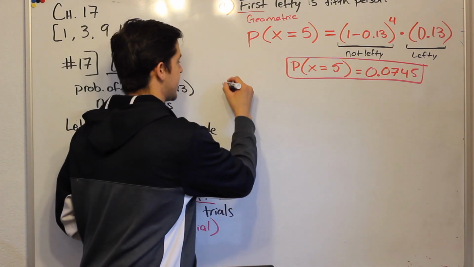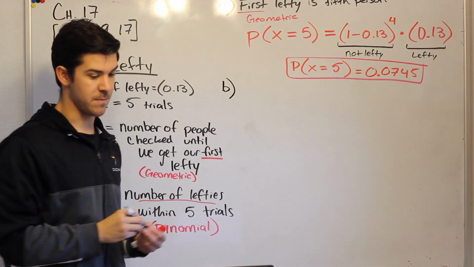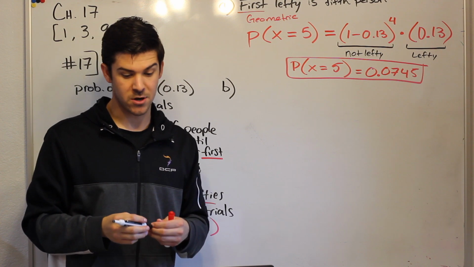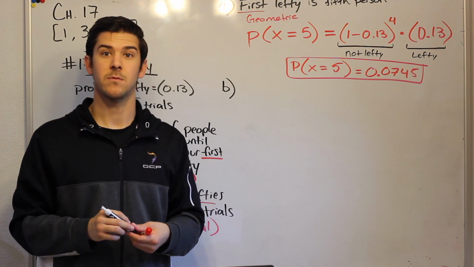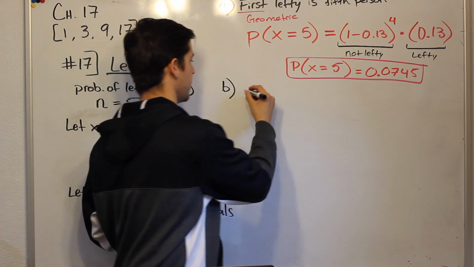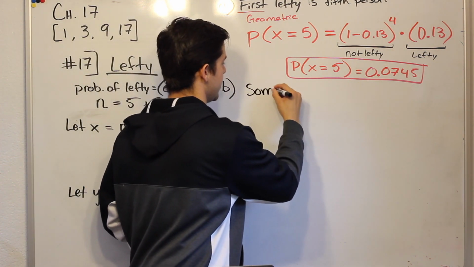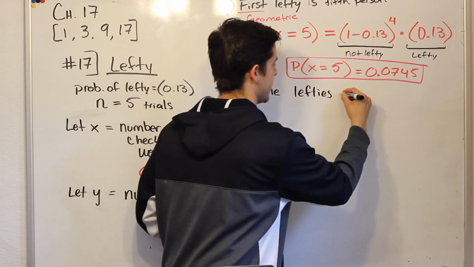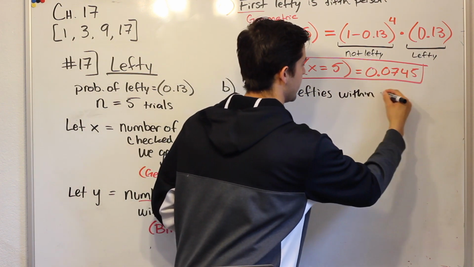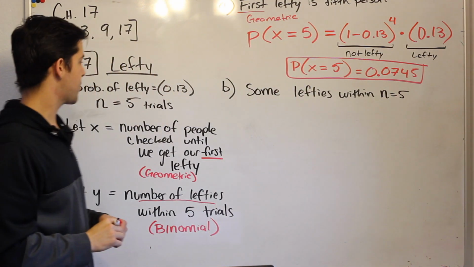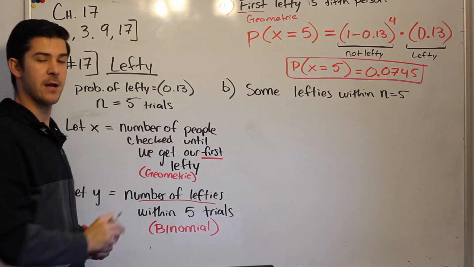Part B changes the game a little bit, because Part B discusses the probability that there are just some lefties within the 5 people chosen. So this is the probability that there are just some lefties within, I'm going to put n equals 5 people. The problem stated that we have 5 trials.